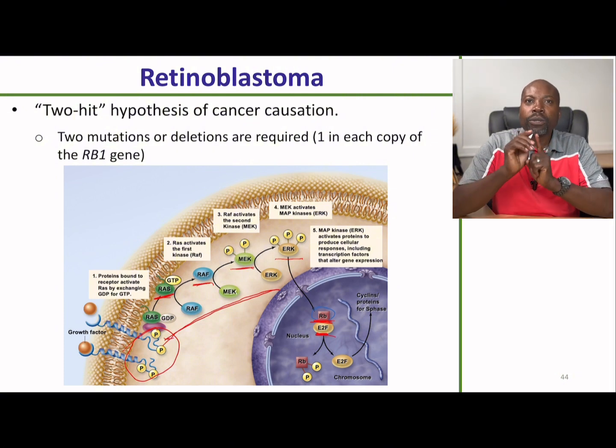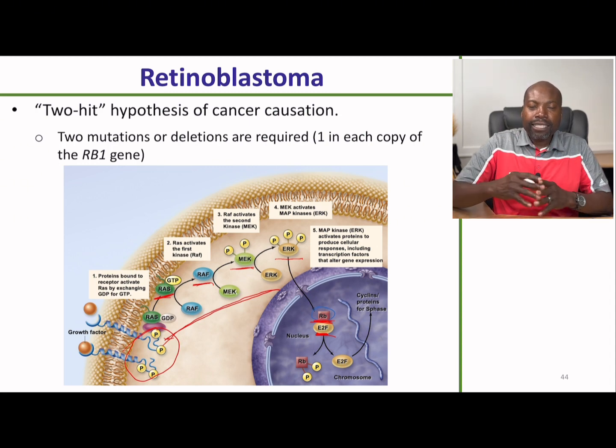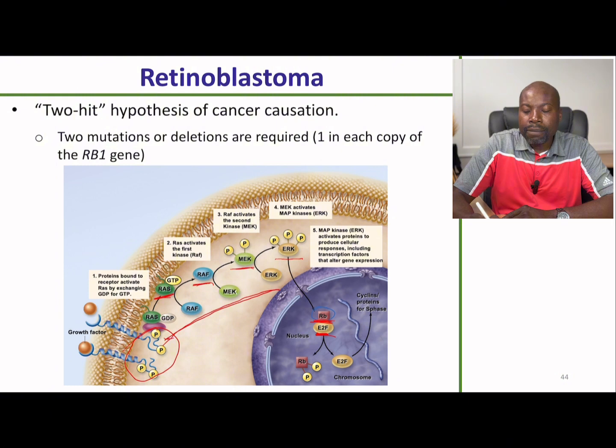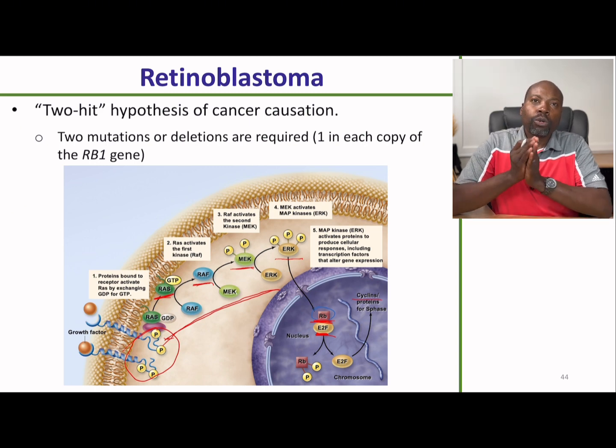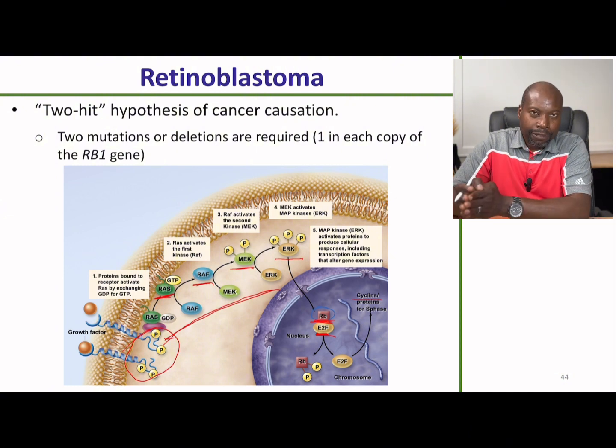By attaching to E2F, that RB protein is preventing E2F from going and stimulating the expression of some genes, including the cyclins proteins that are involved in triggering the S phase.